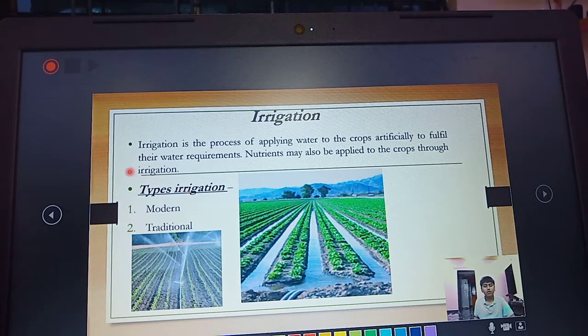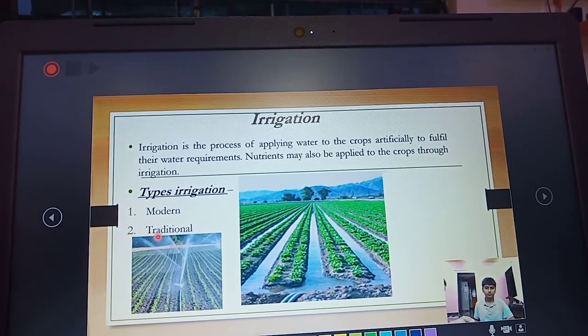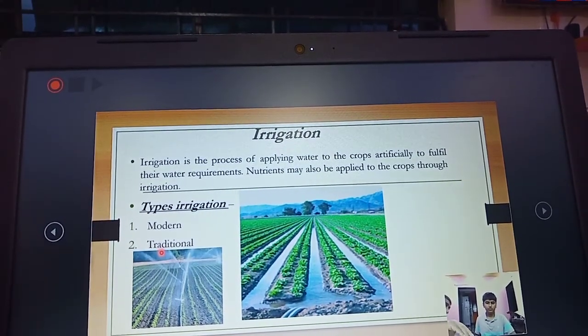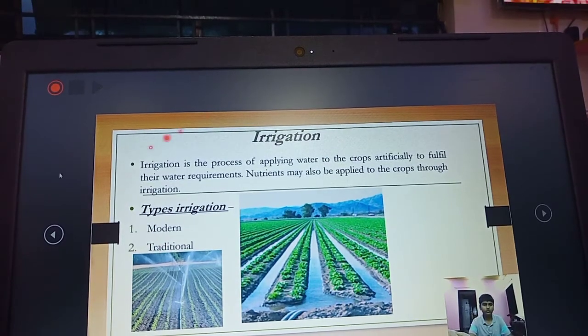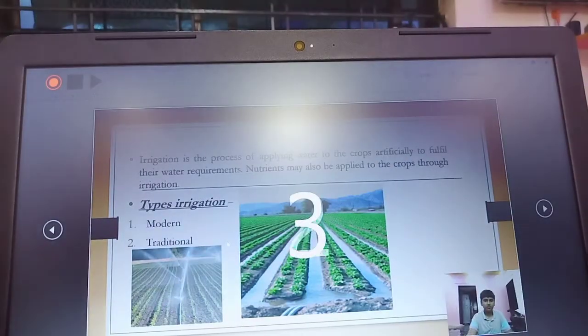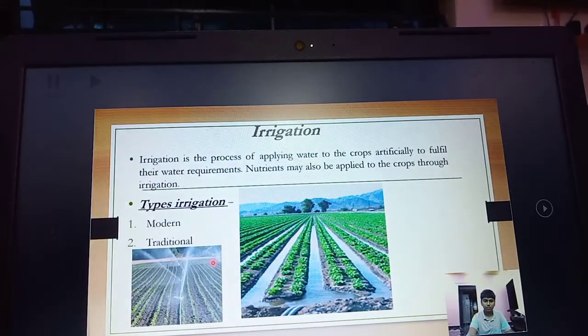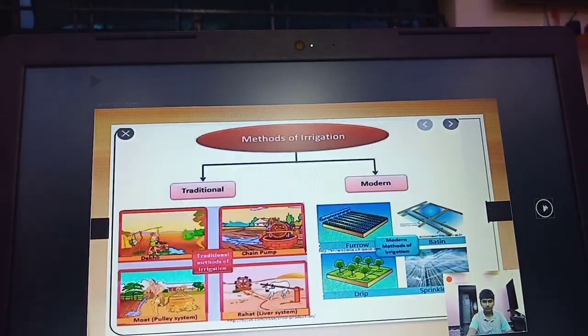And some types of irrigation are modern and traditional ones. So now we'll see the modern and the traditional methods in detail. So traditional methods include dhekli, chain pump, mohat and rahat.